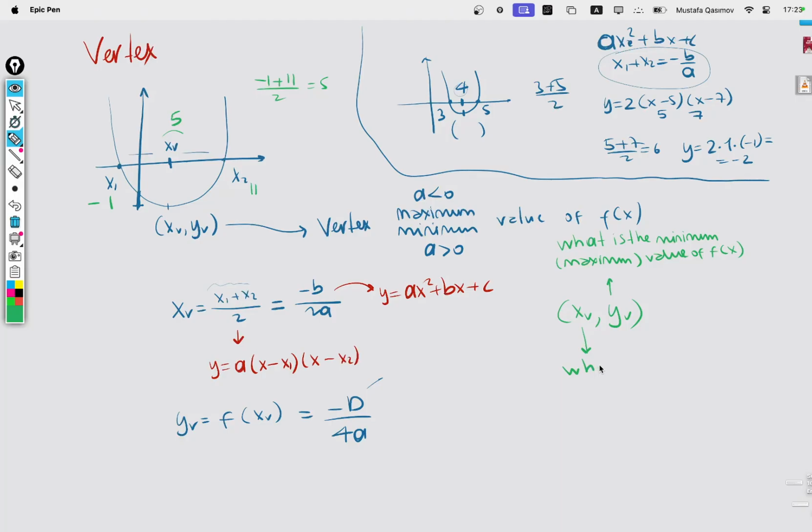If it asks like that, for what value of x does f of x reach its minimum or maximum?